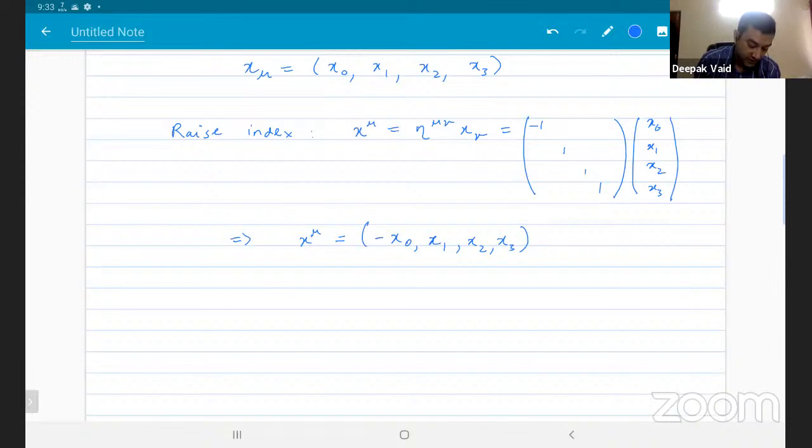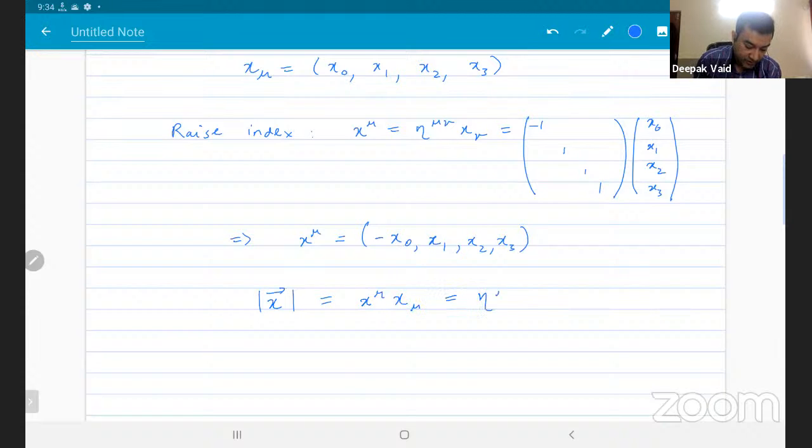Now let's say I want to calculate the length of the vector x. I would write it like this: x mu, x mu.